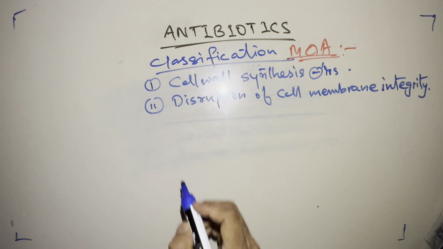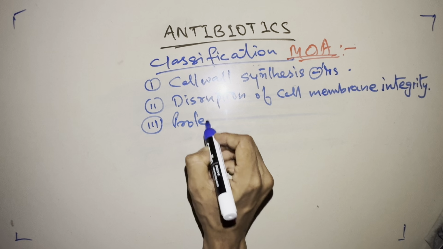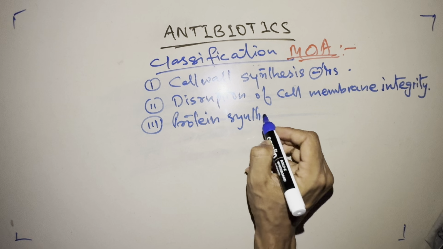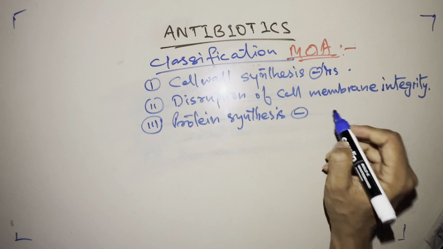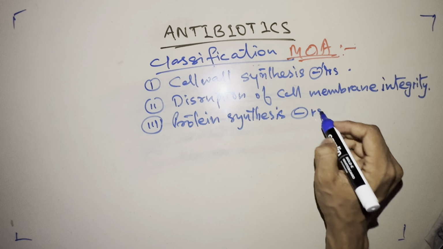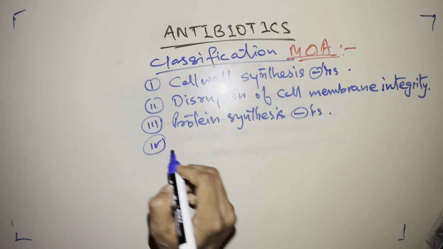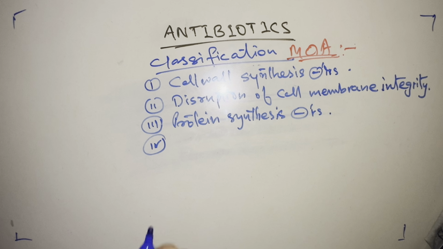Next, number three is protein synthesis inhibitor, which inhibits protein synthesis. So when protein is not synthesized or less protein is synthesized, ultimately the bacteria will show less pharmacological action and less negative effects in the body.